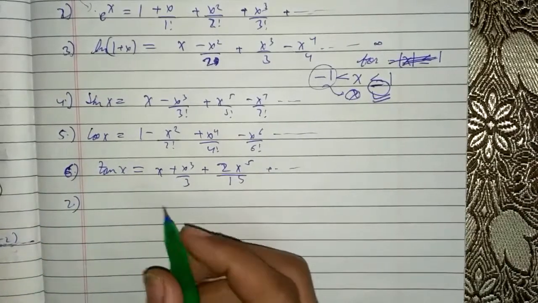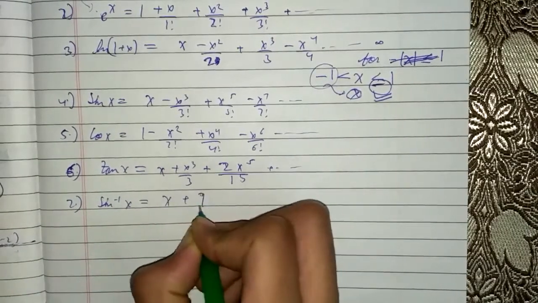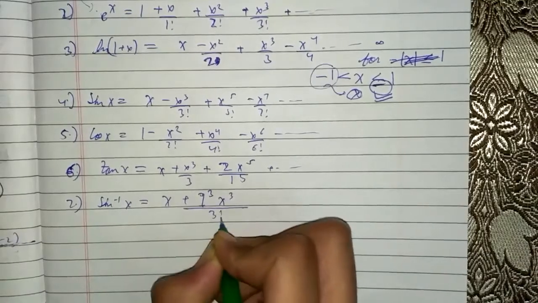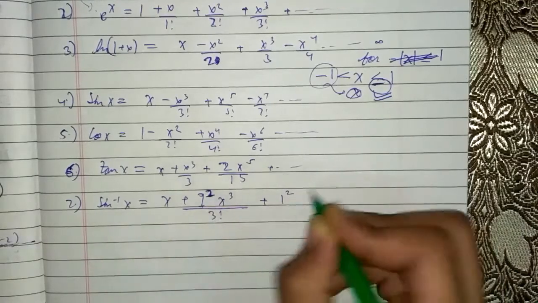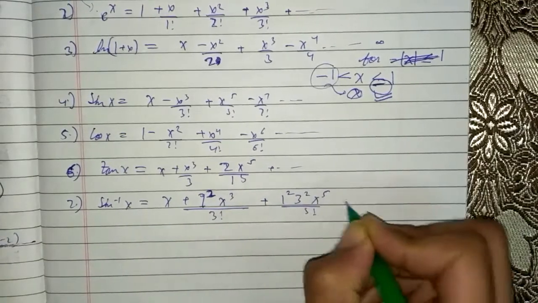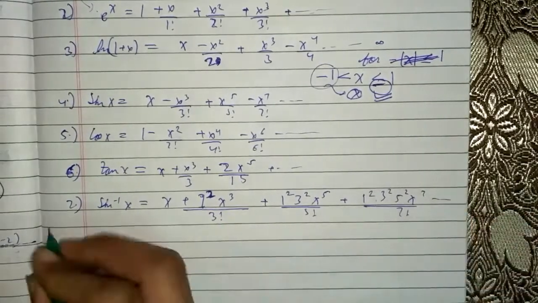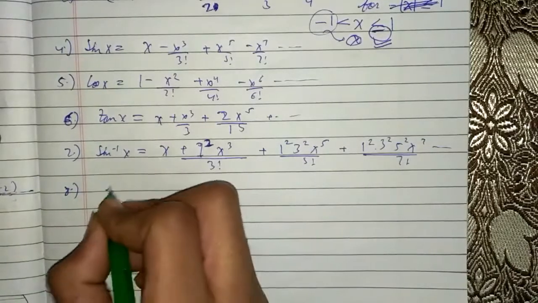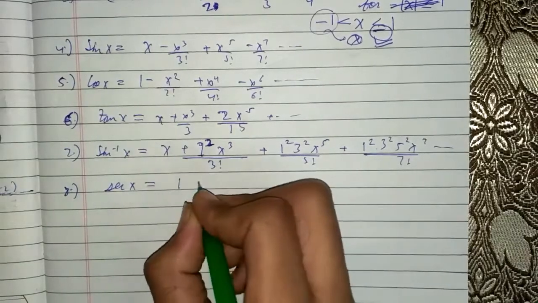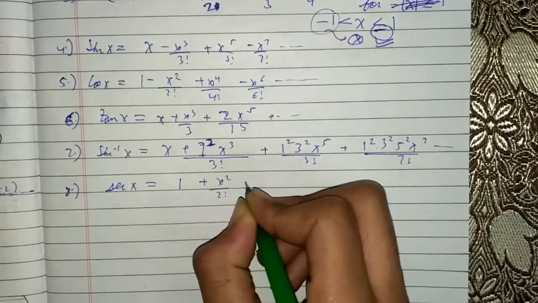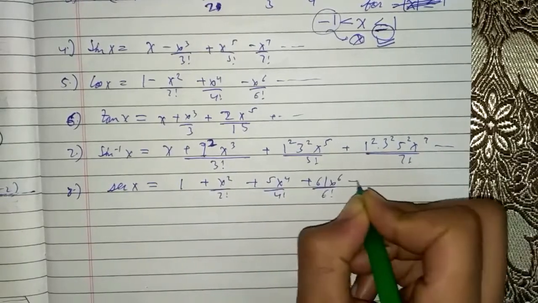Seventh is sin inverse x is equal to x plus 1 square x cube upon 3 factorial plus 1 square 3 square x to the power 5 by 5 factorial plus 1 square 3 square 5 square x to the power 7 by 7 factorial and so on. And eighth is secant x is equal to 1 plus x square by 2 factorial plus 5 times x to the power 4 by 4 factorial plus 61 x to the power 6 by 6 factorial and so on.